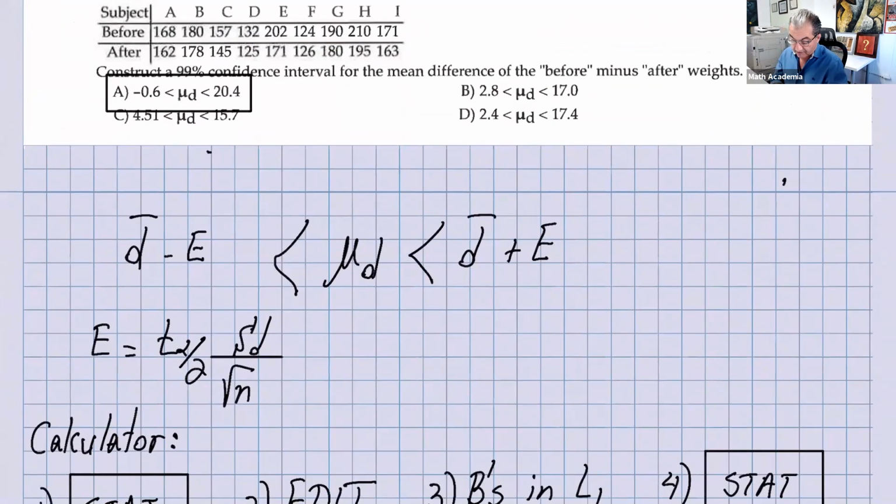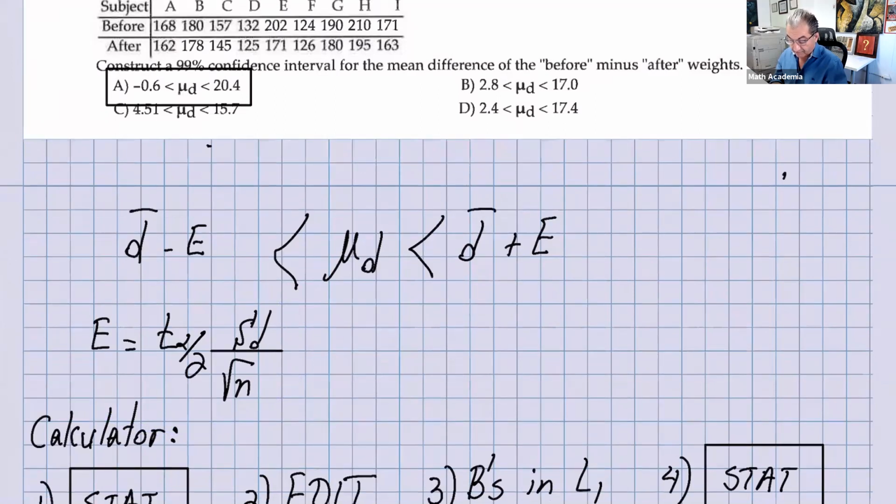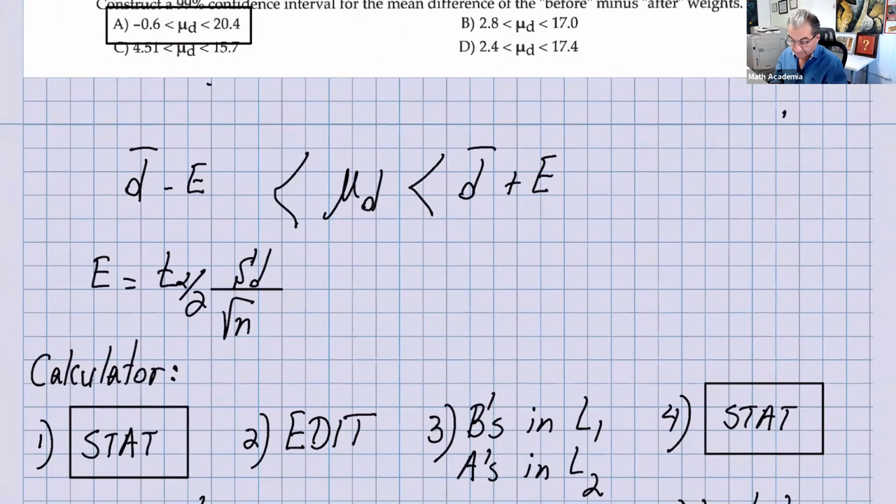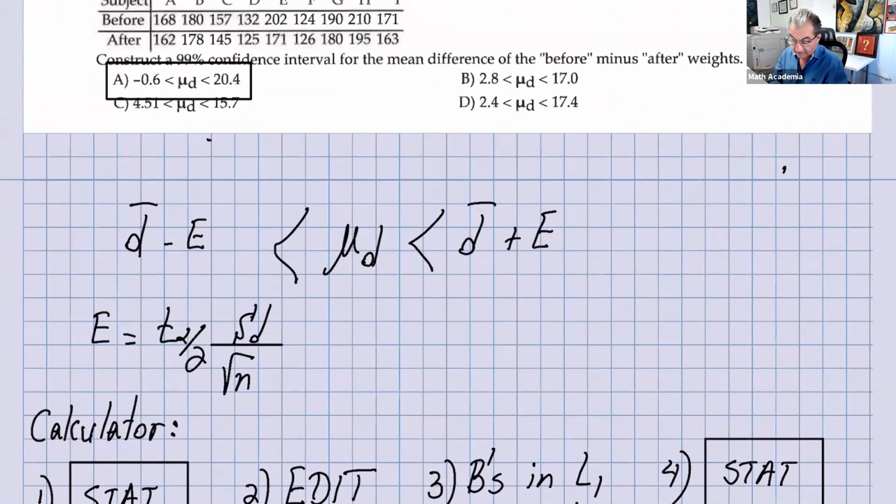So this is the confidence interval, d bar minus E and d bar plus E. Same thing. E is t sub alpha over 2 times s sub d divided by square root of n. You can first calculate the differences, then go to 1-Var Stats, get d bar and s sub d and use the formula.